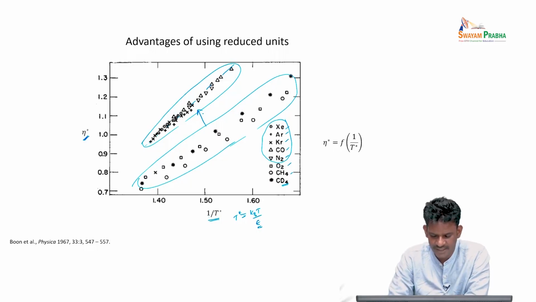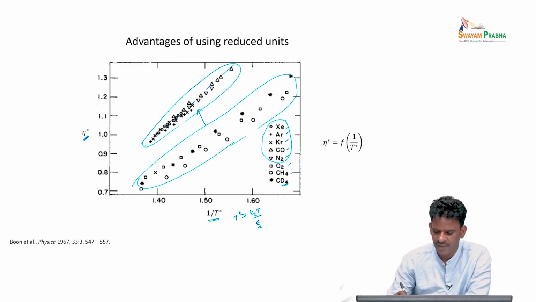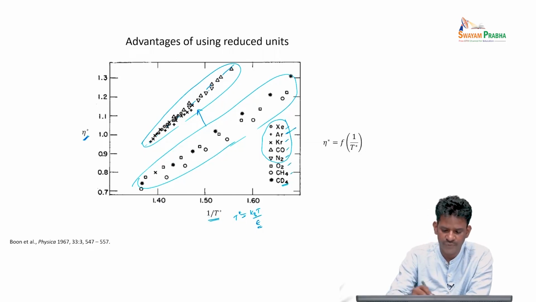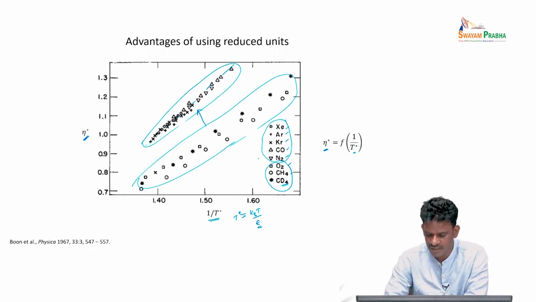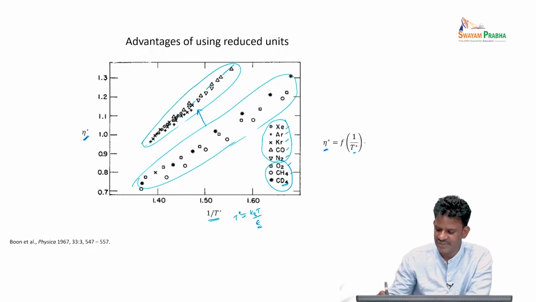So, it appears that for certain spherical non-polar systems, there is a universal scaling behavior of viscosity as a universal function of inverse temperature, whereas for other larger molecules and polar molecules, such a simple scaling is not enough.